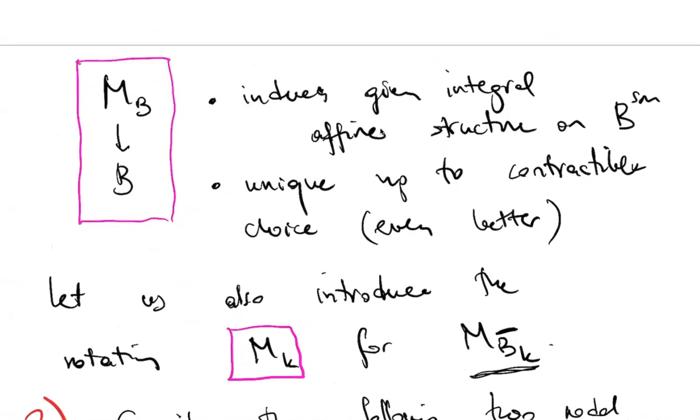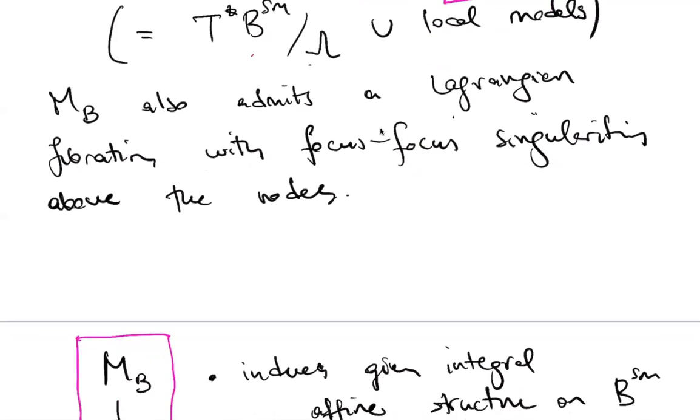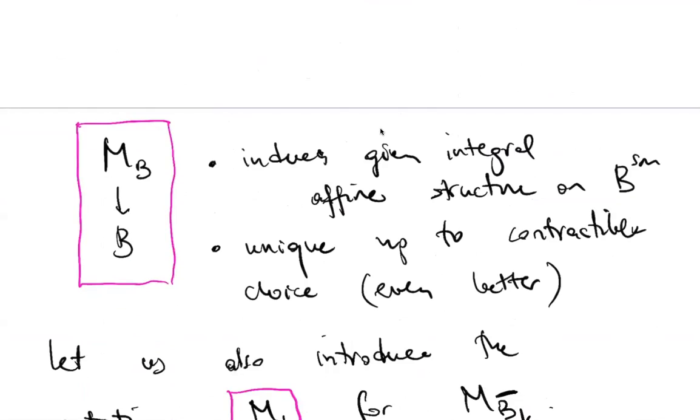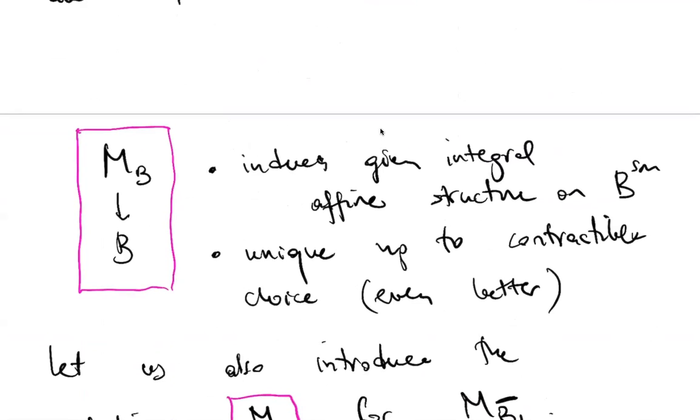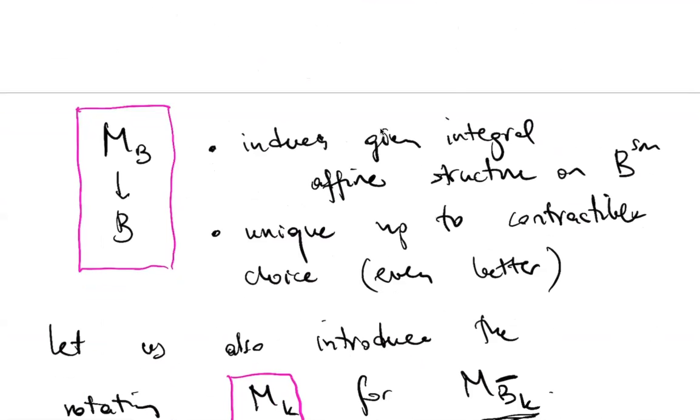Okay, so this symplectic manifold, almost by construction, admits a Lagrangian fibration. So the same topological manifold, this nodal integral affine manifold. And this, again, by construction, induces the given integral affine structure. If you just look at the integral affine structure induced by the Arnold-Liouville theorem, you will see that it gives you, again, this is trivial, the given integral affine structure.